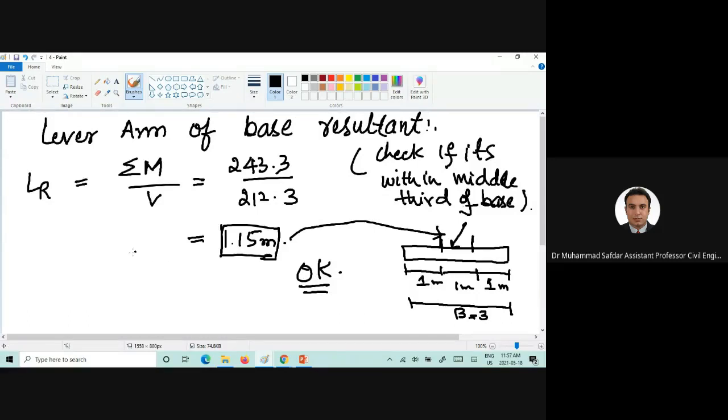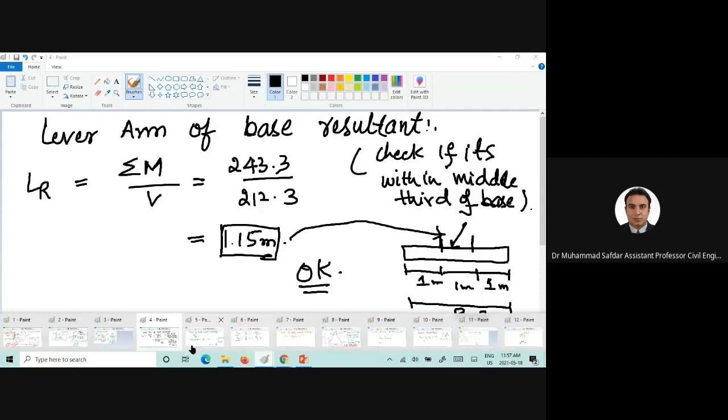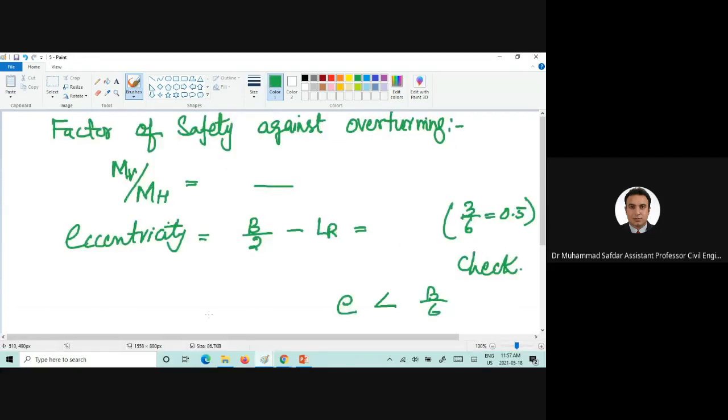How about the eccentricity? And the factor of safety against overturning. So if you divide the moments due to the vertical forces and the moments which are occurring due to the horizontal forces, so you will get the factor of safety against overturning of that retaining wall.